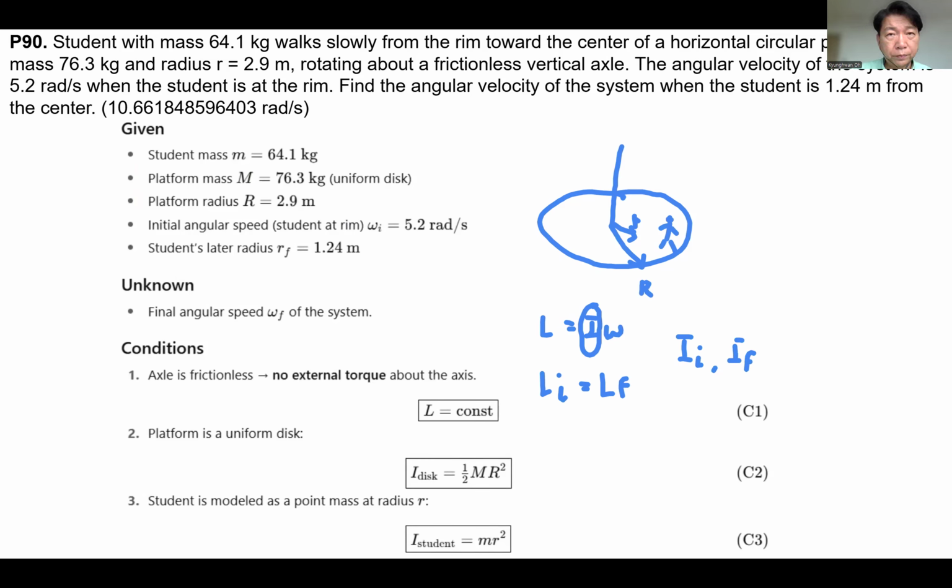We know what I initial and I final are, and then we need to find out omega final. That was the main theme.